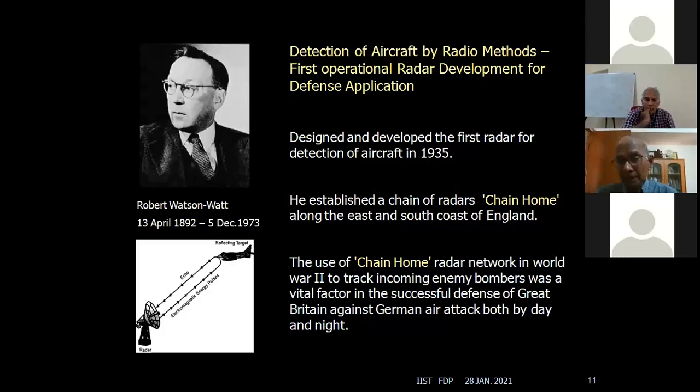I did not tell about how the radar has evolved. A pulse radar, if you use wide beams, then you can find out the range, but you will not be able to locate where exactly it is located.